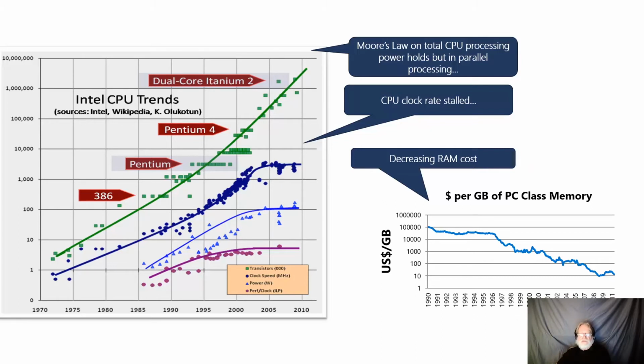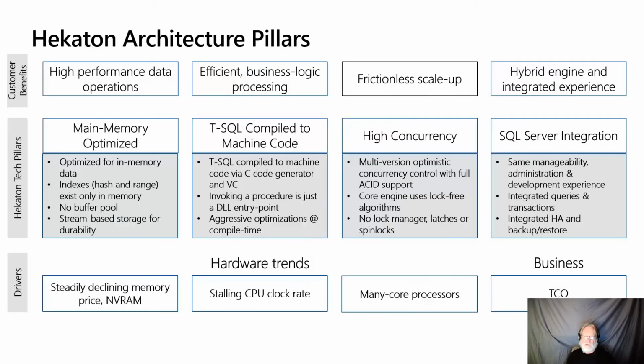You put those two things together and you realize that you're going to get faster and faster processing by being more and more parallel, and having more memory allows you to have more data in the working set, which facilitates more parallelism. And that's part of what Hekaton came out of.